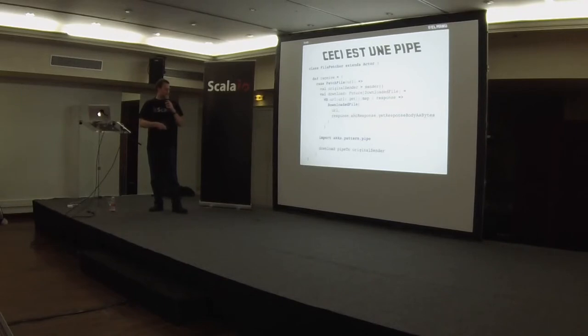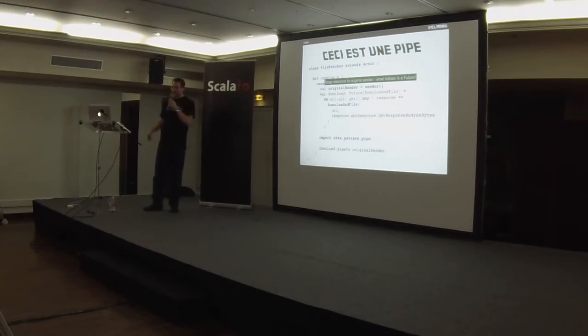And then here is how you use the pipe. So you say download, which is a future, pipe to original sender. So two things here. Why this original sender? As said, this download code here will run asynchronously. So if you download a 3 GB file, the actor may get another message that asks it to download something.